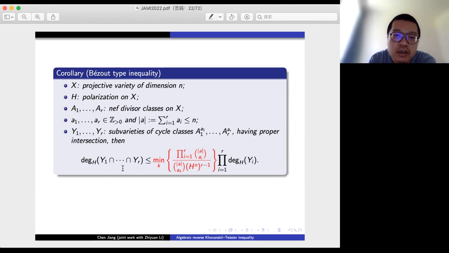So the inequality is like this. We consider the degree of the proper intersection of Y1 to Yr, and it's bounded by some constant times the degree of each of them. This looks like the classical Bezout theorem, right?